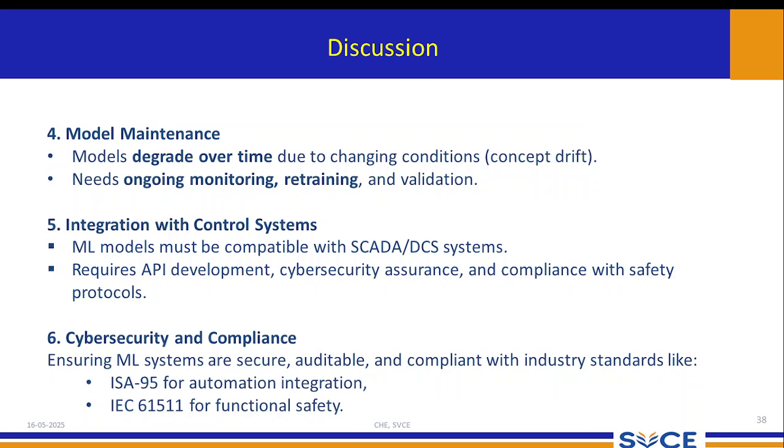remote terminal units, communication network, central server, and human machine interface. The sensors and actuators, these field devices, collect data and execute the commands. Remote terminal units act as intermediaries, collecting data from field devices and transferring it to the central server.